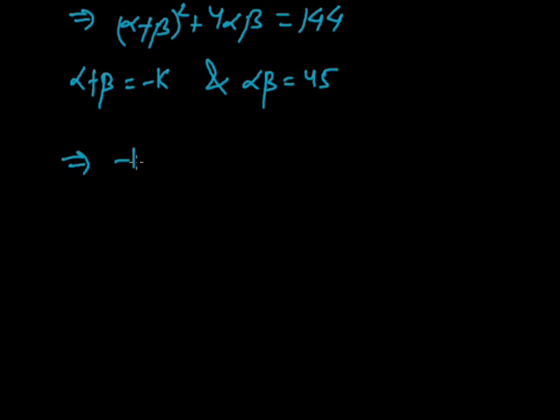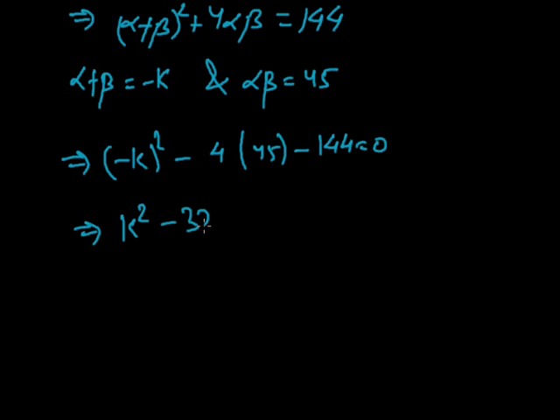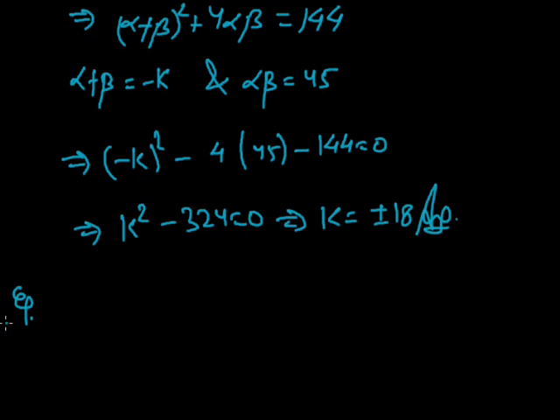Substituting the values, we will have minus k whole square minus 4 into 45 minus 144 is equal to 0, or you can say that k square minus 324 is equal to 0. From here we will have the value of k as plus minus 18. Let's do one more example.